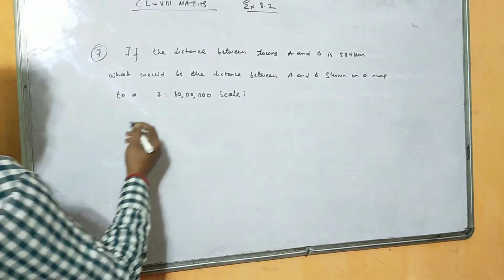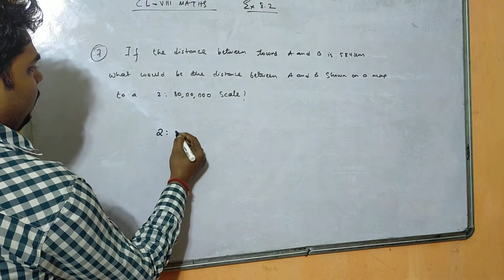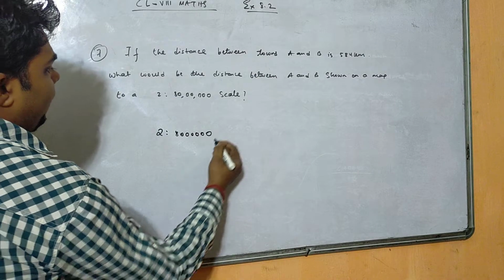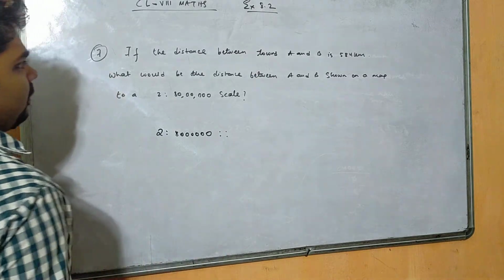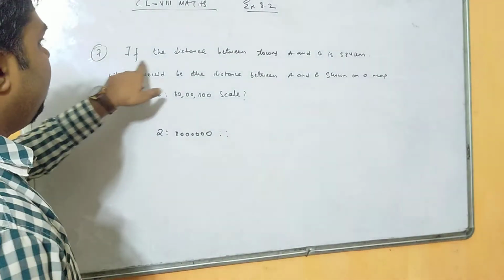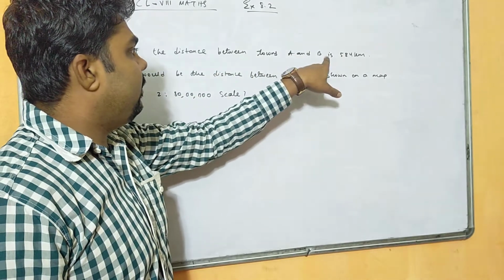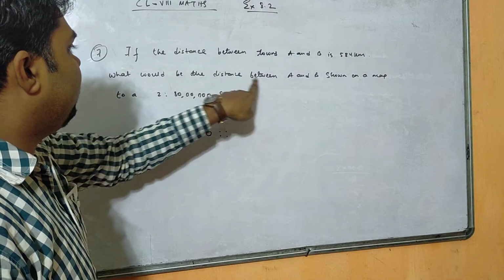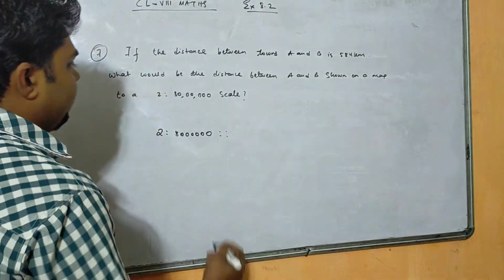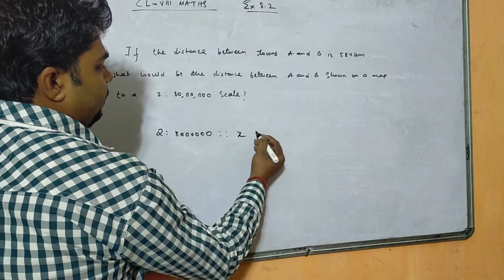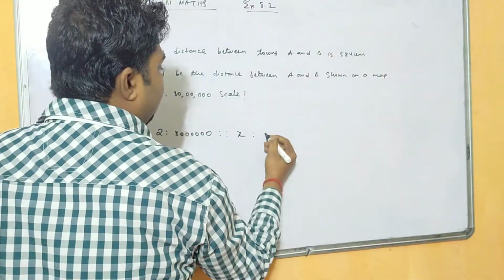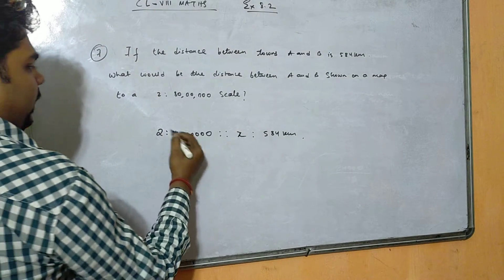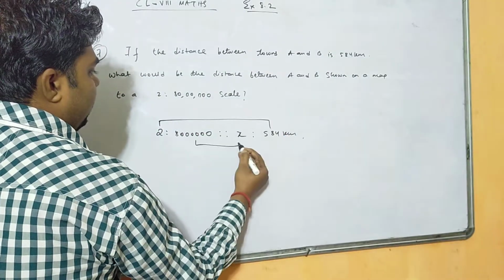So you see this ratio is given, 2 is to 80 lakh, right? This must be equal to 584 kilometer, if the distance between the towns A and B is 584 kilometer. Let us consider the distance be x, and the total distance given is 584 kilometers, right? So again we will multiply this and this, this and this.